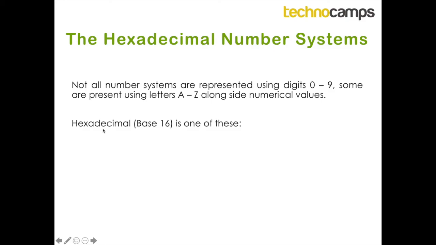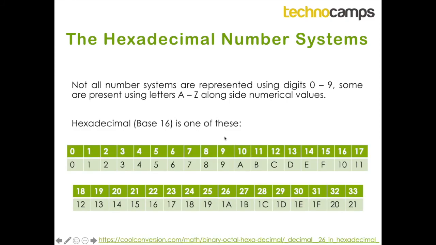Base 11, and in particular hexadecimal, or base 16, is one of those. So here's the table. As you can see, when we get to 10, or in hexadecimal 10, we start using letters. So we have A to represent 10, B for 11, C for 12, etc.